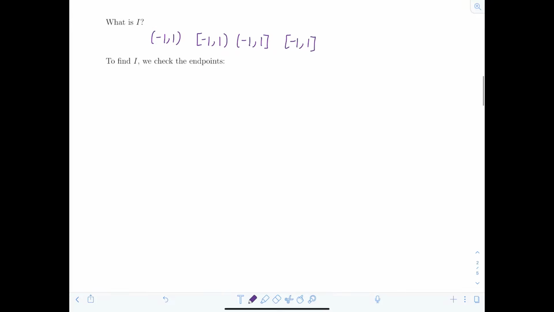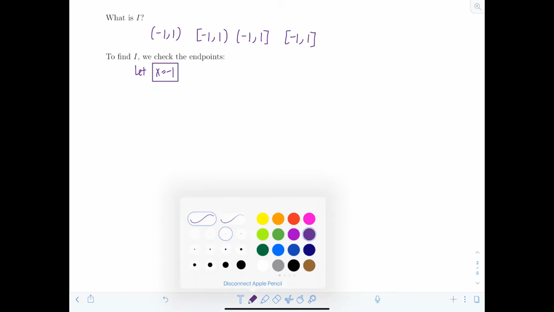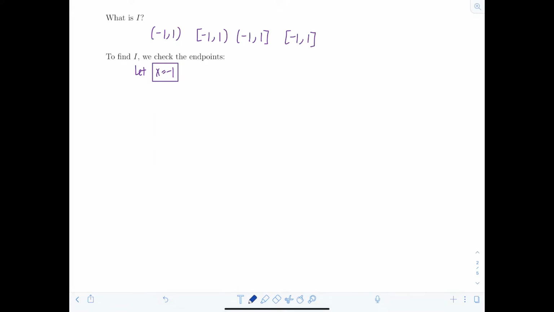So let's start off by testing x equals -1. So I'm going to let x equal -1. And remember, our original series was the sum n equals 0 to infinity of (-1)^n times x^n over n plus 1.